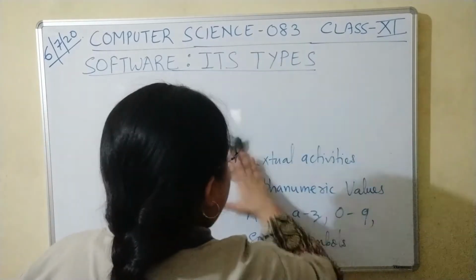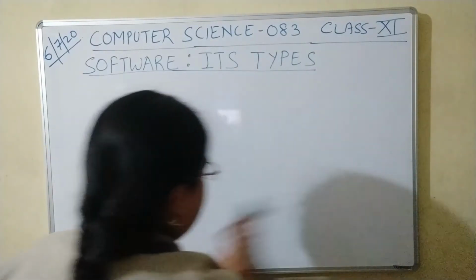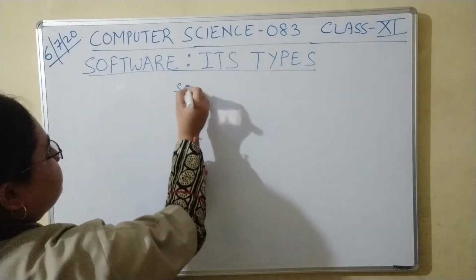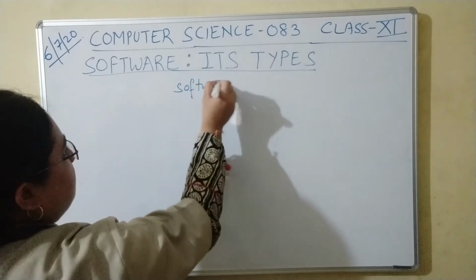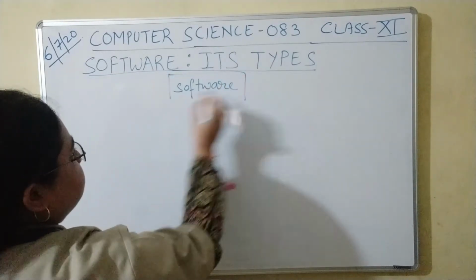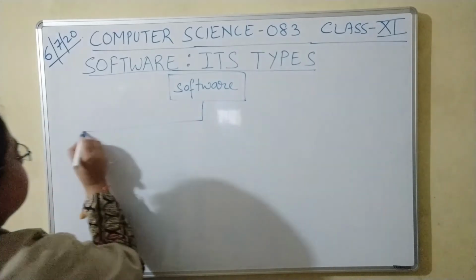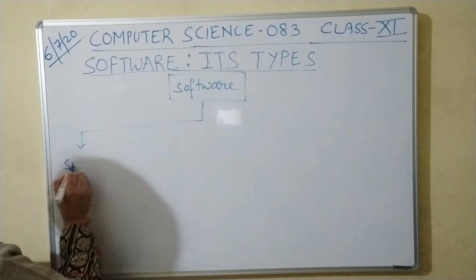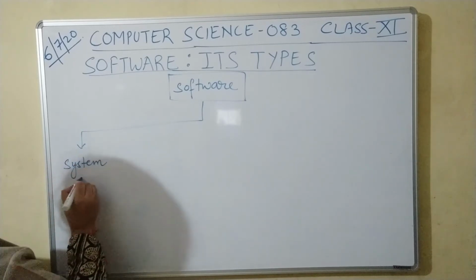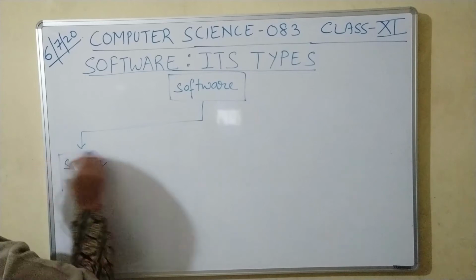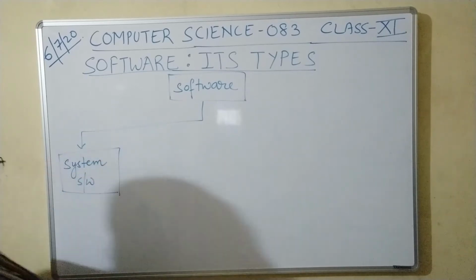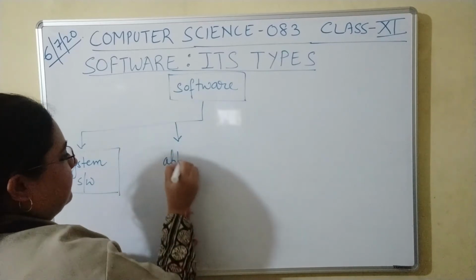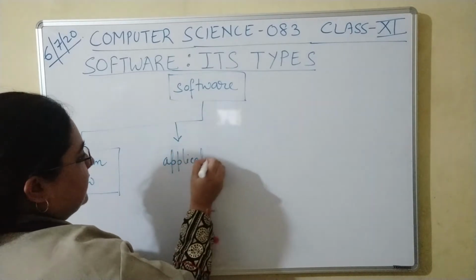So you already know what a software is. Let us first see how many categories software is classified into. So we have software here. First type of software is the system software. Second type of software is the application software.